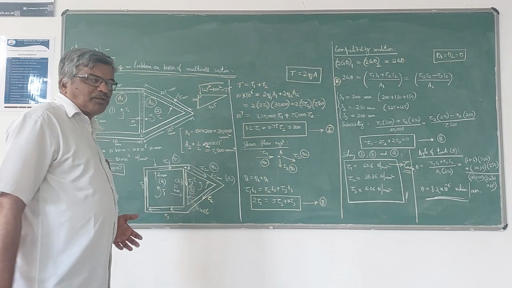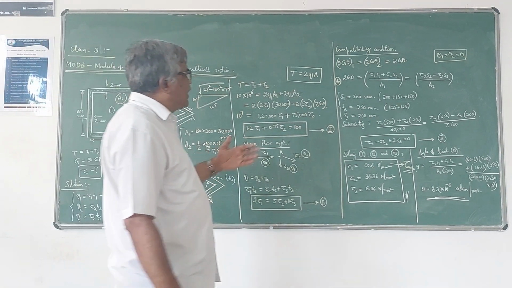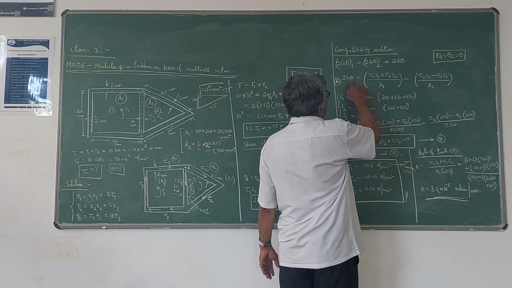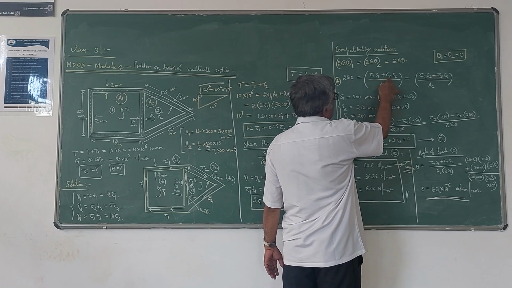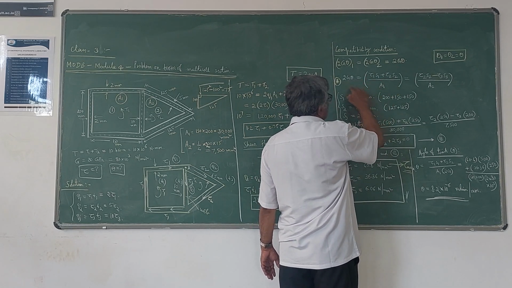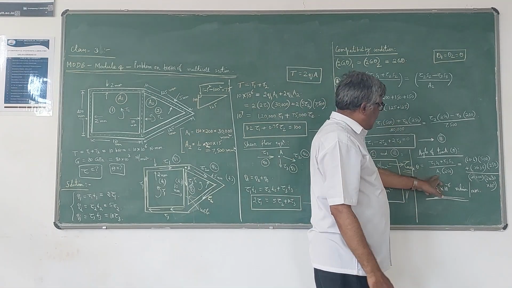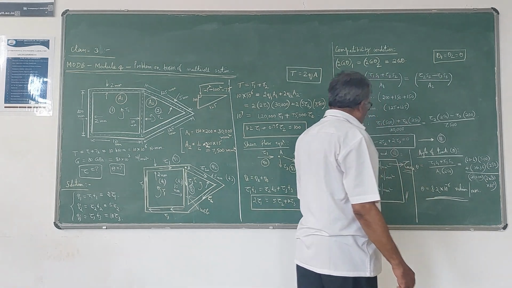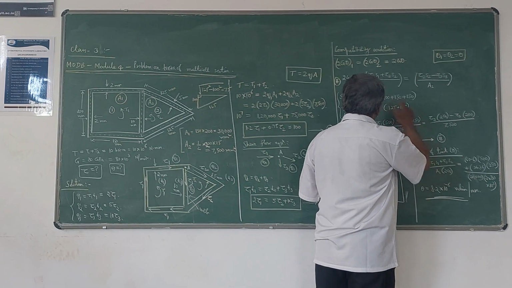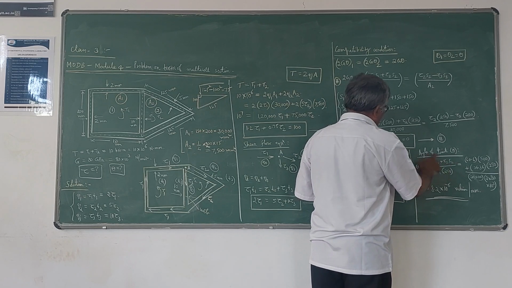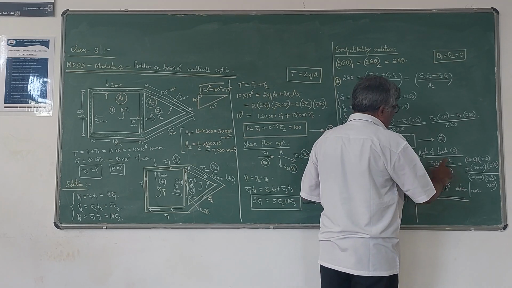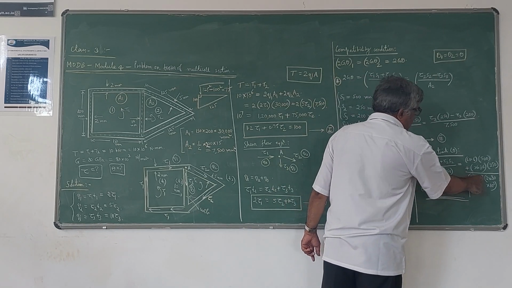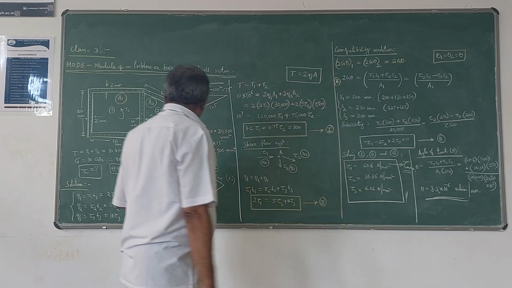Now after that, if you want to find the angle of twist, you can take any one of these. If I take this one, theta is given by tau 1 s1 plus tau 2 s2, divided by A1, and the 2G will come to the denominator. Now once again substitute all the values: tau 1 is 60.6 into s1 which is 500, plus tau 2 which is 36.36 into s2 which is 250, divided by A1 which is 30,000 into 2 into G, which is 80 into 10 power 3.